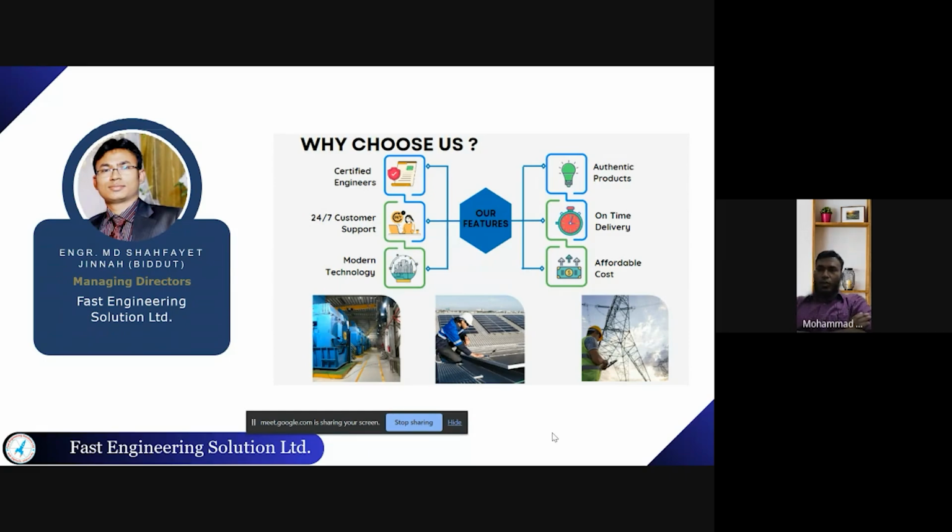But the most valuable thing is whether you want to make your career or make some good work in this sector. So that is also important.